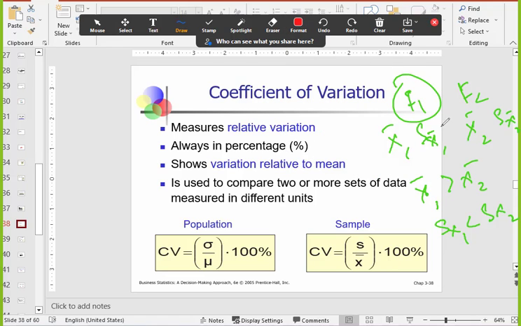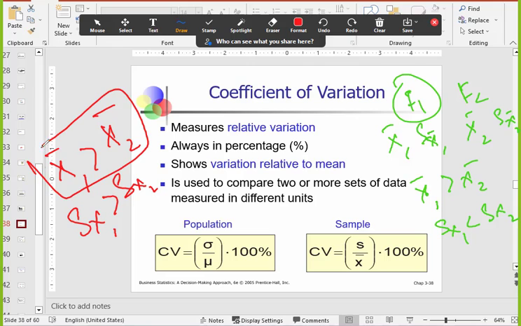But a conflicting situation comes if X bar 1 is better than X bar 2, but SX1 is also higher than SX2. The first indicator says we should invest in F1, but the second indicator says we should invest in F2.